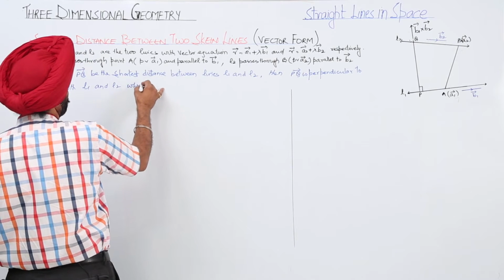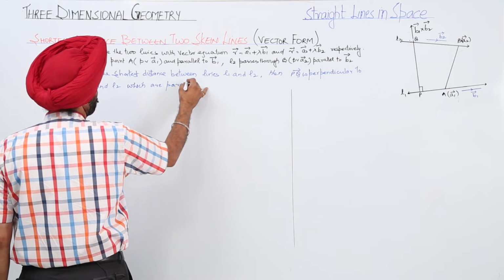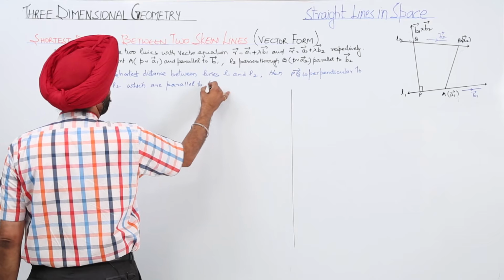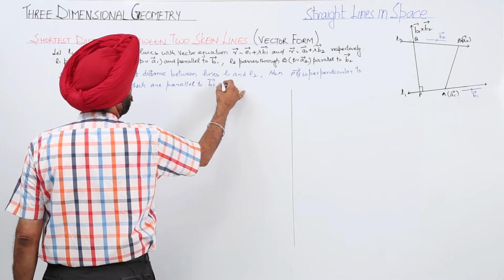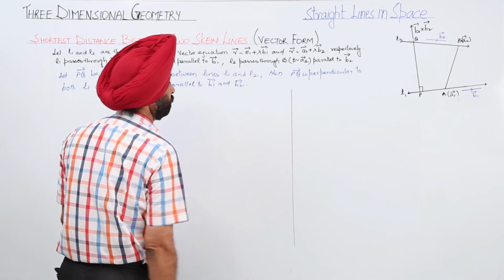Both lines are parallel to vector b1 and vector b2.